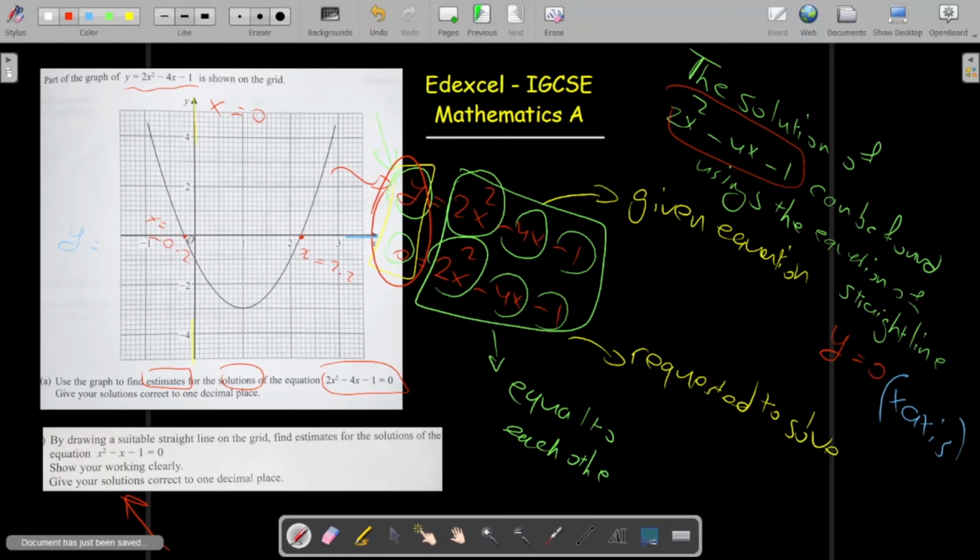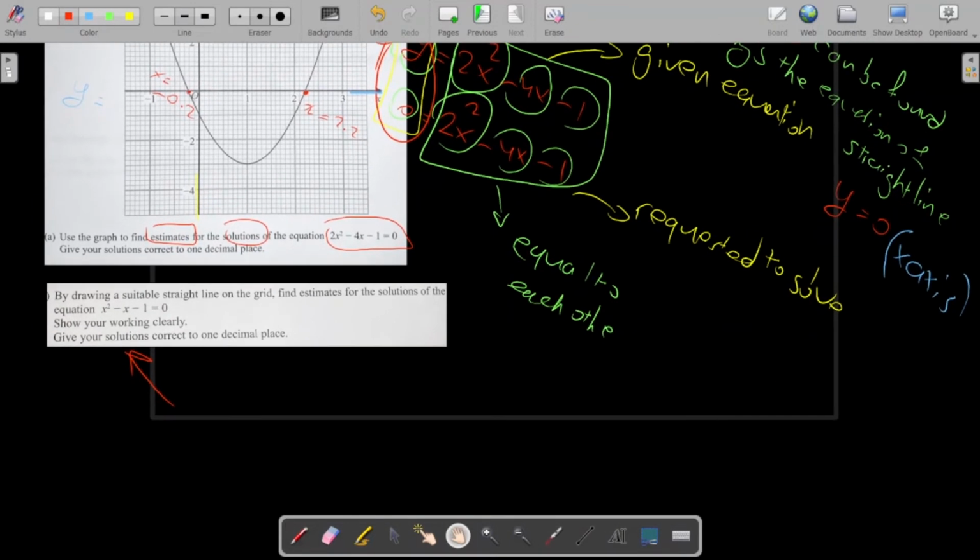This is what he wants: find the solution and write it correct to one decimal place.